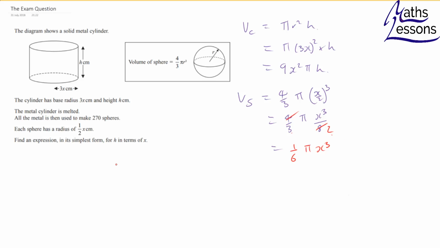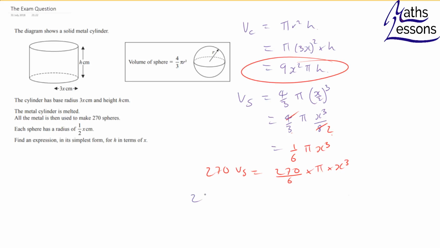So the volume of 270 spheres is going to be equal to 270 over 6 times pi x cubed. And we know that that is equal to the volume of the cylinder, so let's make these equal to each other.